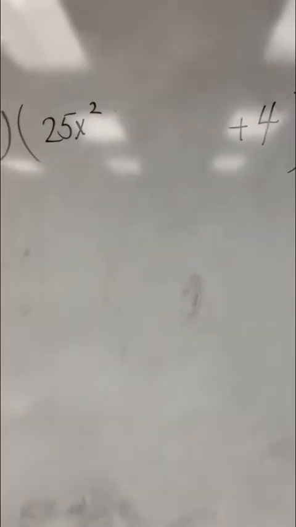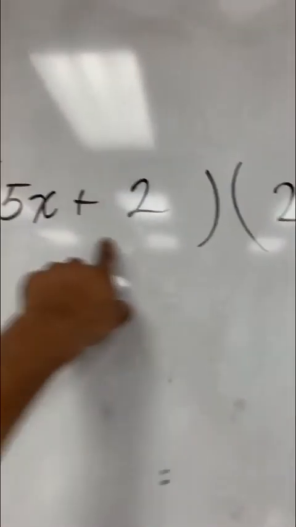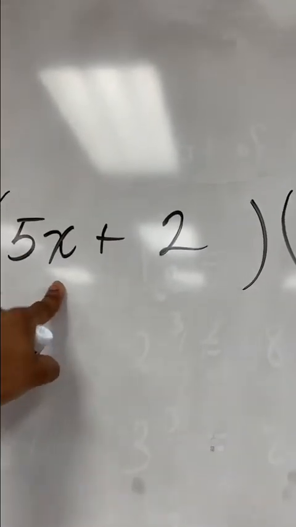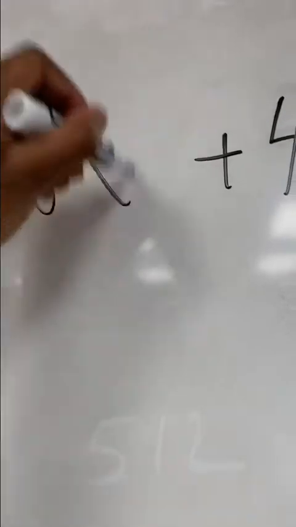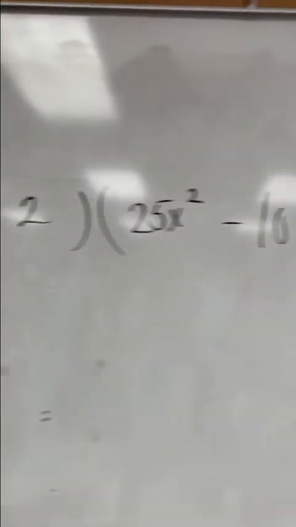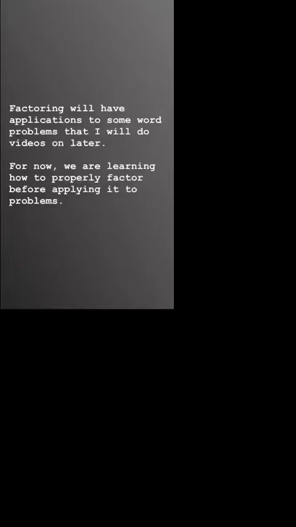The only thing that's left is the middle term. Remember, we multiply and change signs. So we multiply and get 10x, we change signs and get a negative 10x. So the minus 10x is in the middle, and that's what we have: 5x plus 2 times 25x squared minus 10x plus 4.